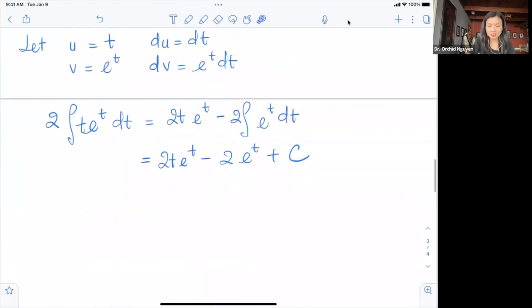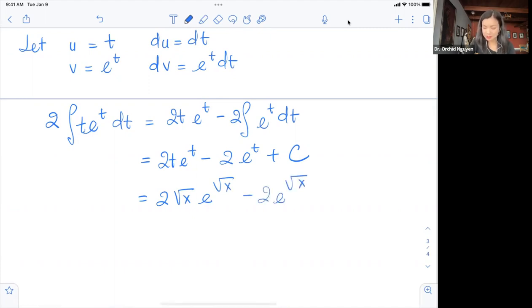So t is actually the square root of x. So 2 square root of x e to the square root of x minus 2 e to the square root of x plus c. And that's our final answer.